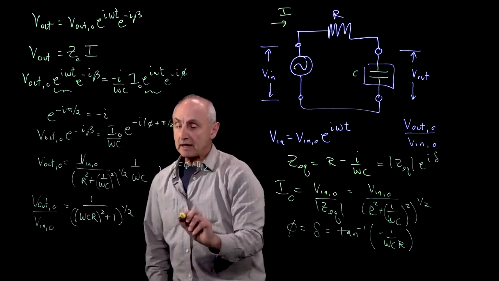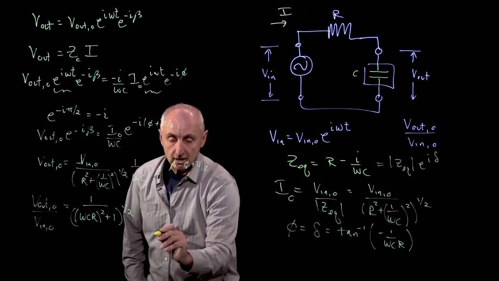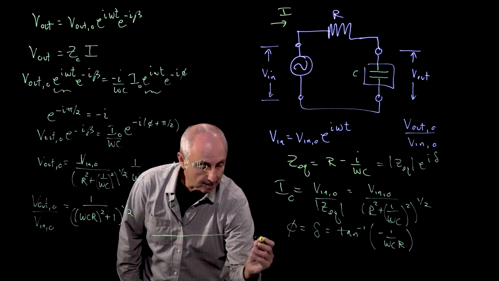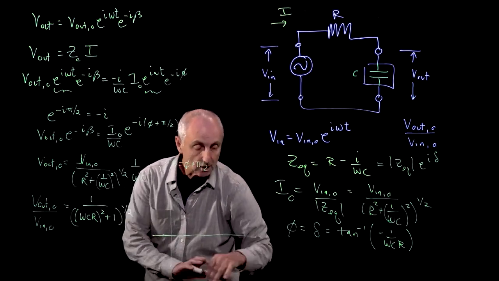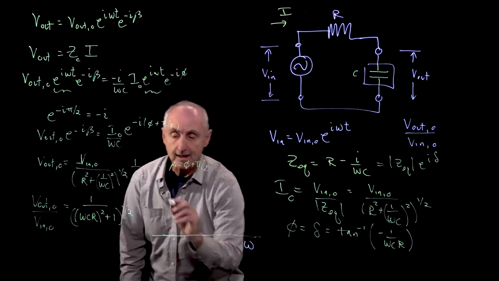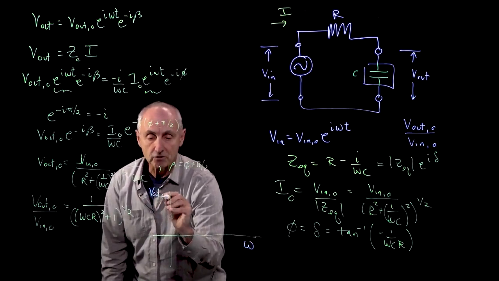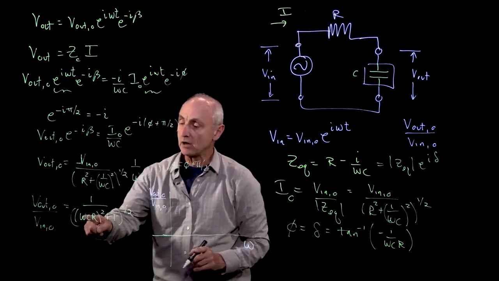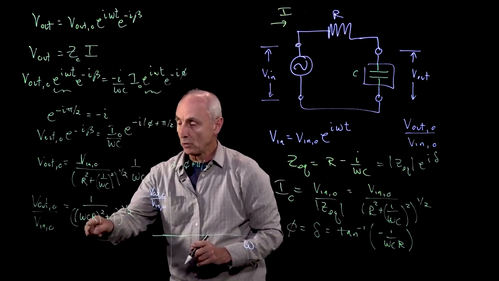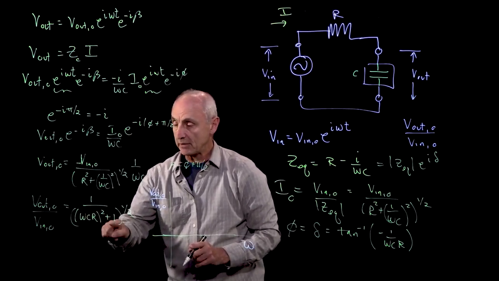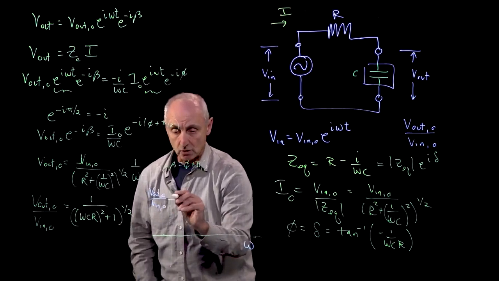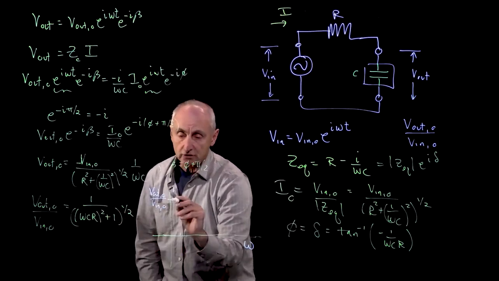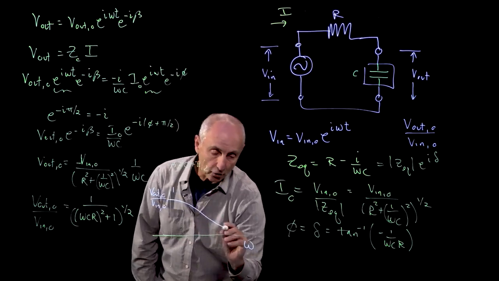Now, if I were to plot that function, let's make a plot here where we plot omega against V out naught over V in naught. Let's look at the values where omega is very small. Then this term goes to 0, and the ratio is just equal to 1. Then as omega gets larger, this plot falls off.